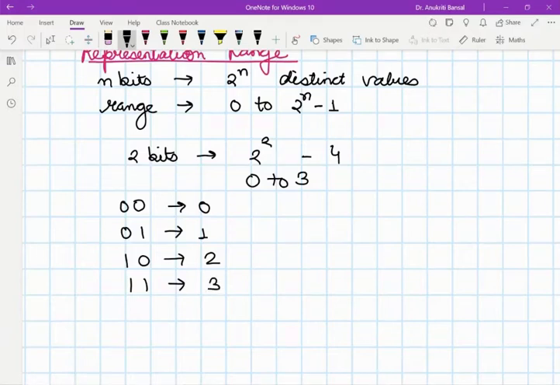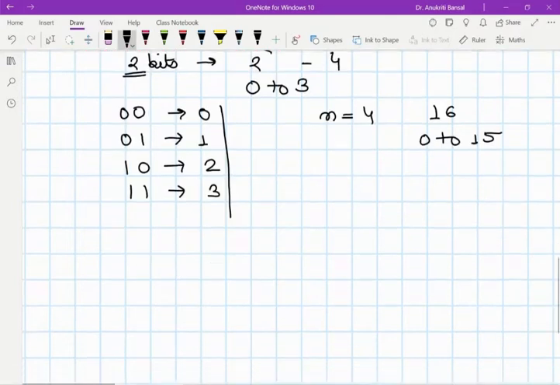So with these 2 bits I can represent 4 distinct values which range between 0 to 3. Is this clear? With n equals to 4, how many values can I represent? I can represent 16 distinct values which range from 0 to 15. Is this clear to everyone? Yes, ma'am.